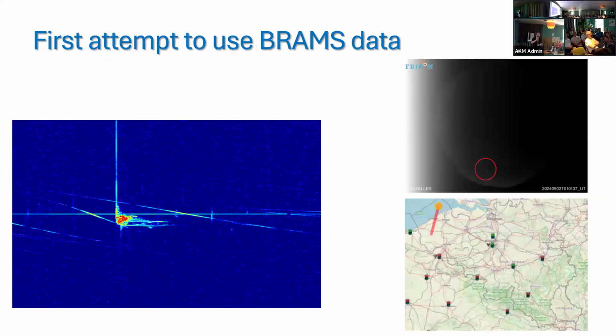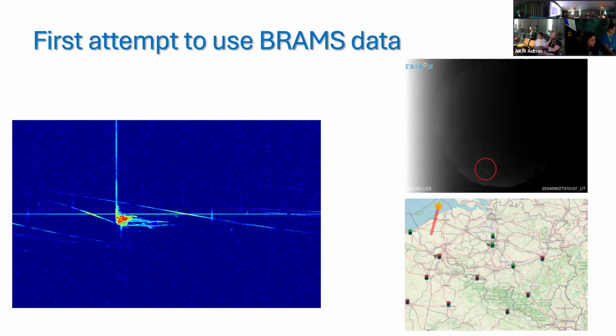Then I very briefly presented our first attempt to use the Brahms data. You see one example of the Brahms data where we see the head echo followed by the tail echo, and we try to measure this and see if we can estimate the speed of the object.